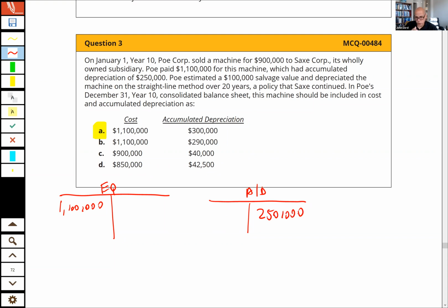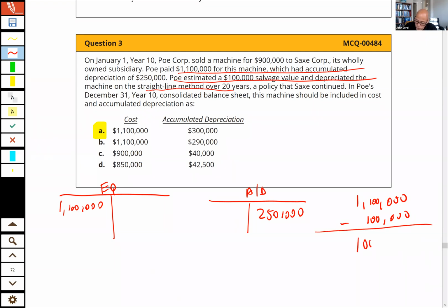Now that's what should show on the consolidated financial statements, except we have one more year of depreciation that we calculated at Poe's original depreciation calculations, which would have been what? $1,100,000 with a salvage value of $100,000, using straight line depreciated over 20 years.